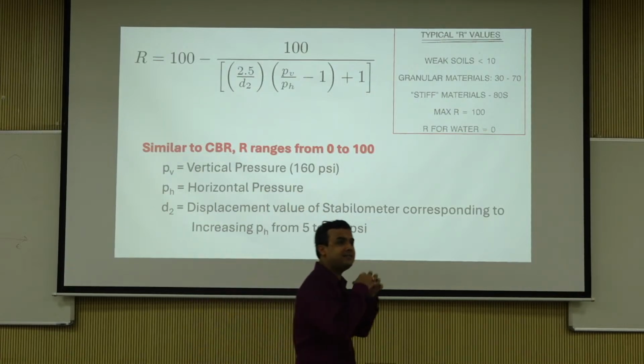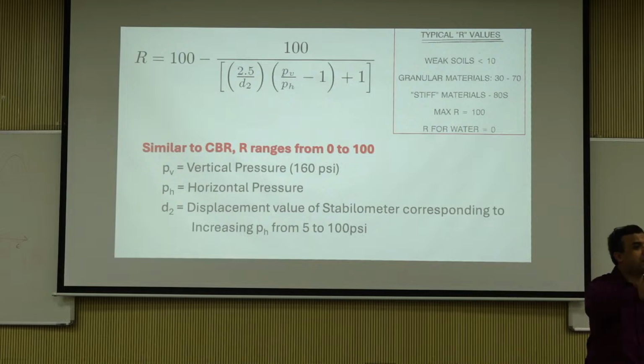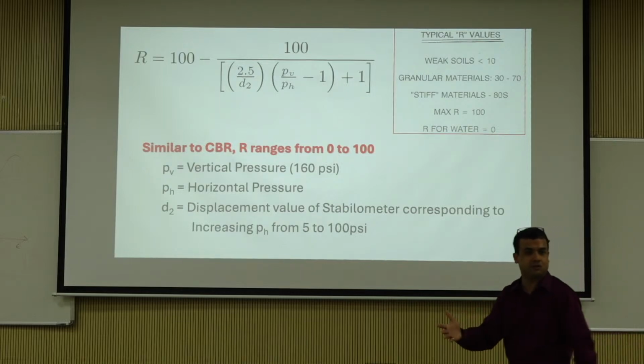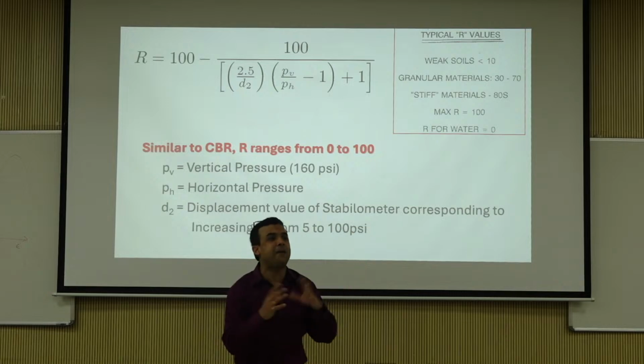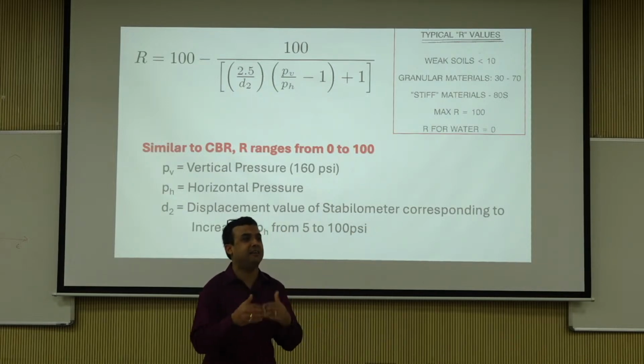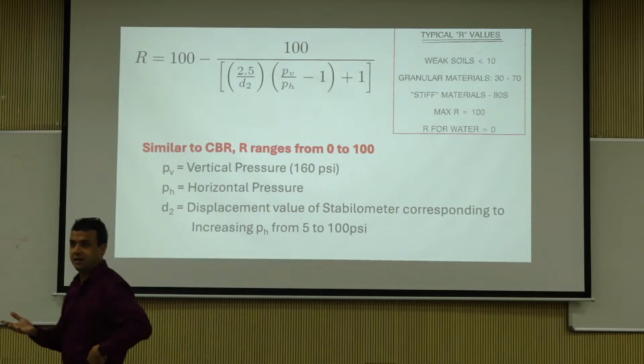So water is 0. So these are the two extremes, and then you are somewhere in the middle when you are testing your soil, right? So that is the reason, because I find it much more scientific than just plunging a CBR and trying to compare it with an aggregate or something, right?